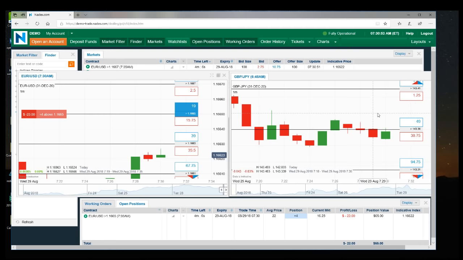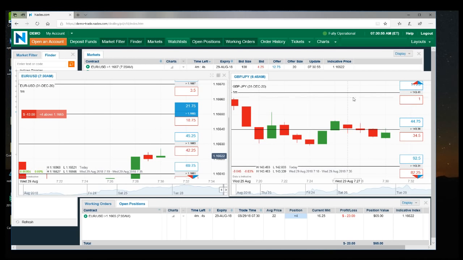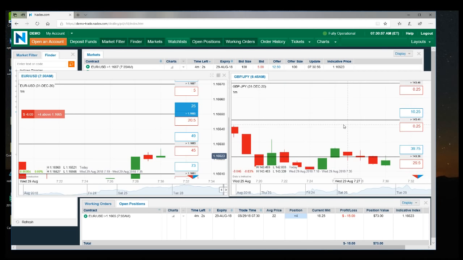Just trying to see if we had anything over on the British pound, and we don't have it yet.